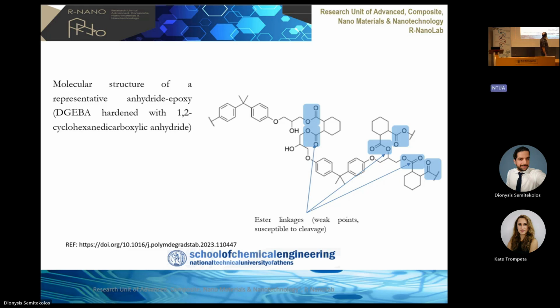In that case, the links are ester links. When we have ester, it's generally considered that they are weak bonds, and they are very easy to cleave.